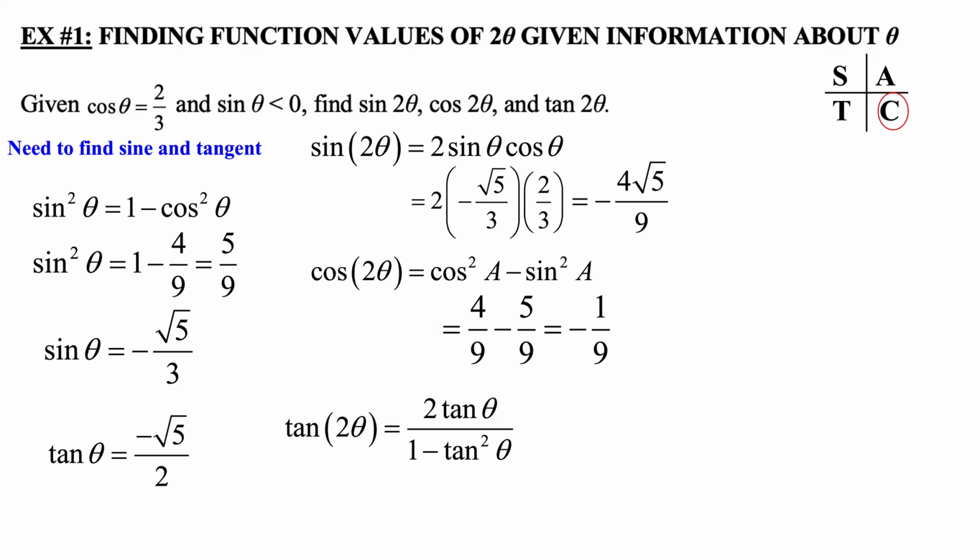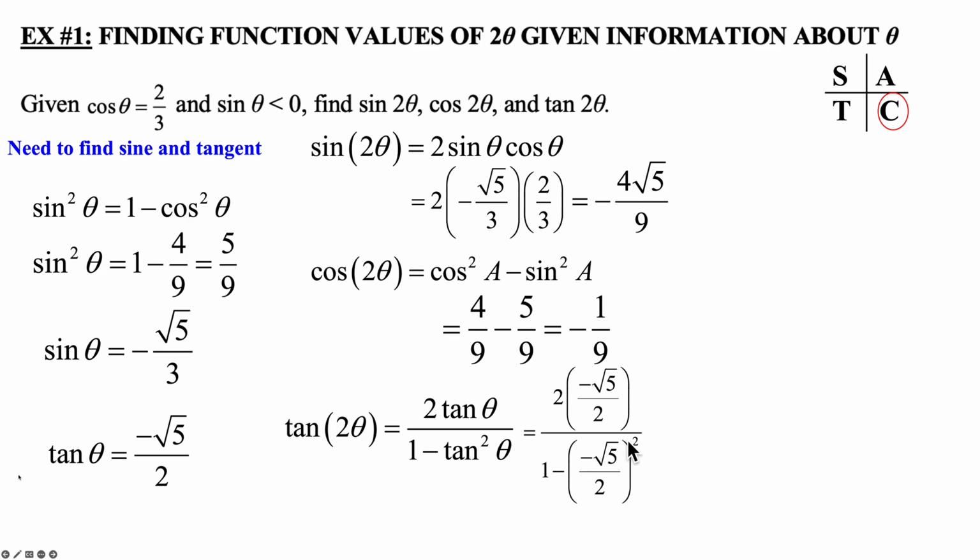Tangent of 2 theta, well, we could use the identity 2 tangent theta over 1 minus tangent squared theta, but this is where it gets kind of interesting because we have fractions over fractions and we got to simplify things. The 2 and the 2 on the bottom will cancel out.